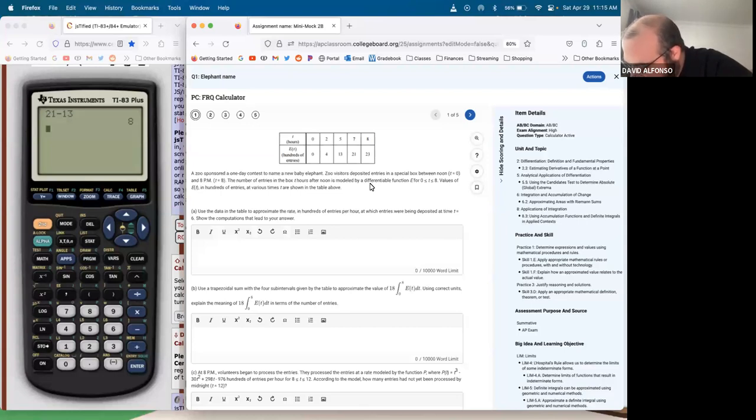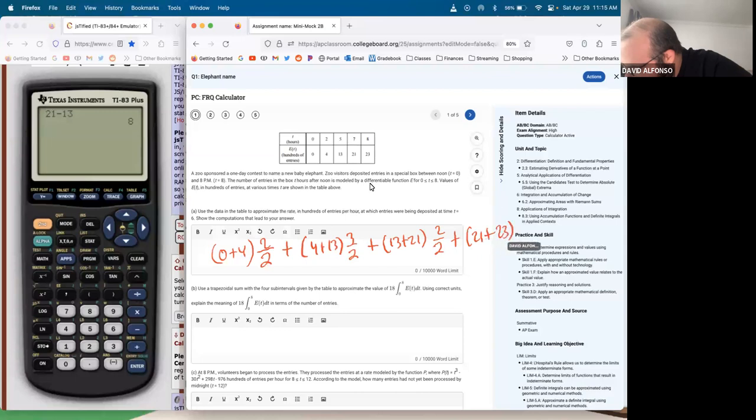So it'd be 0 plus 4 times 2 divided by 2, plus 4 plus 13 times 3 divided by 2, plus 13 plus 21 times 2 divided by 2, plus 21 plus 23 times 1 divided by 2.